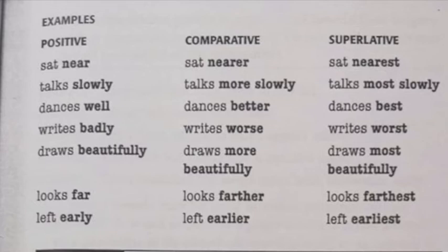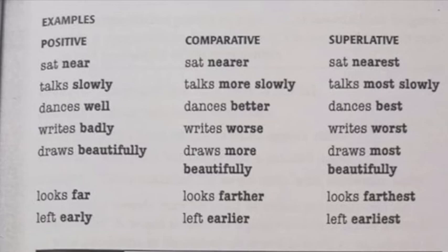Okay, so we have here the positive adverbs: sat near, talks slowly, dances well, writes badly, draws beautifully, looks far, left early. All of these adverbs are in the positive form.